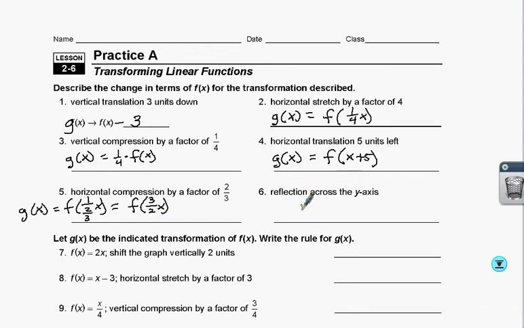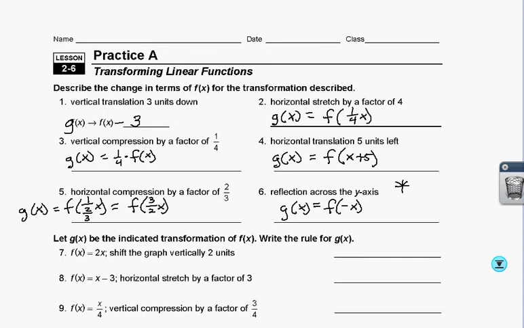A reflection across the y-axis. So remember, on a reflection, if it's across the y-axis, my y stayed the same, my x's changed. So my new function is simply my old function evaluated at negative x. Okay?